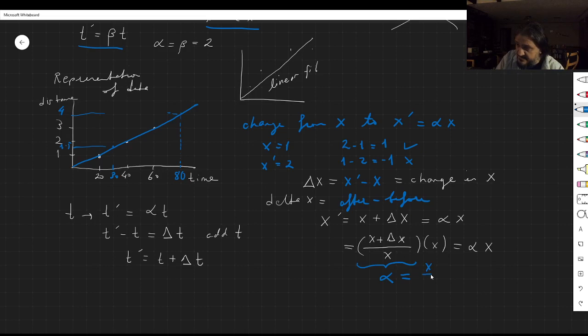Just reviewing some really basic algebra, so please be patient. And x over x is just 1. So 1 plus delta x over x.